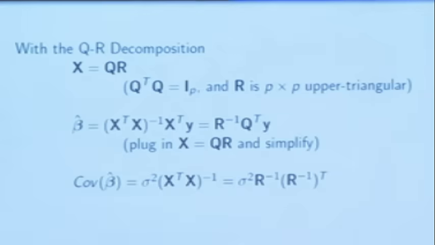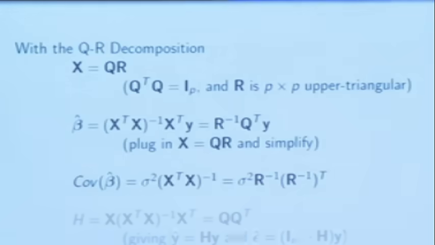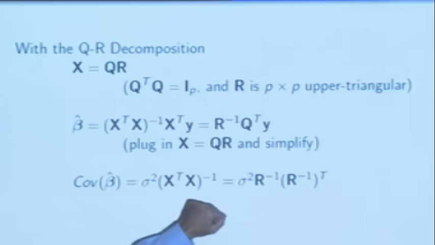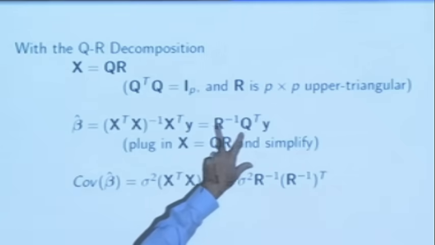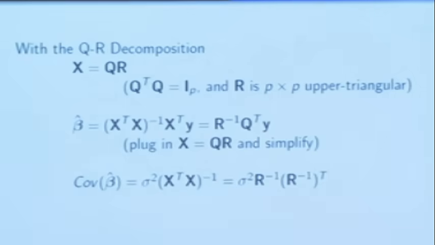And the covariance matrix of beta hat is equal to sigma squared (X transpose X) inverse. In terms of the covariance matrix, what is implicit here, but you should make explicit in your study, is if you consider taking the matrix R inverse Q transpose times Y, the only thing that's random there is that Y vector.